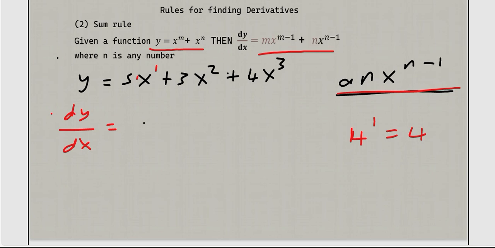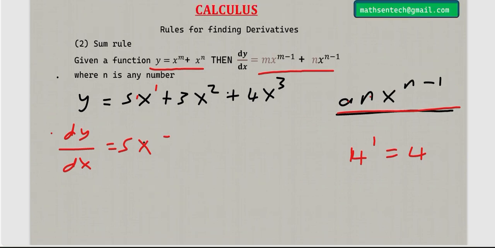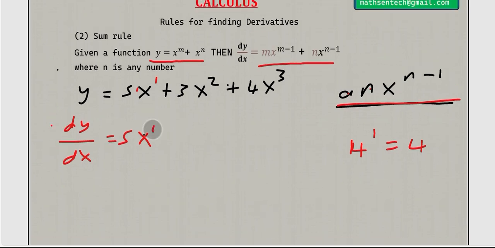Okay, so now when you are differentiating, our n in that first part is 1. So 1 times 5, remember we are still using this formula, so a times n. So 1 times 5 is still 5. Then x to the power 1 minus 1. So 1 minus 1 is what? 1 minus 1 is 0. Okay, so x raised to power 0 right here. What is any number raised to power 0?